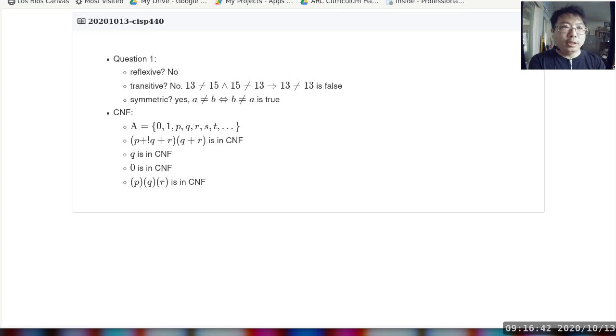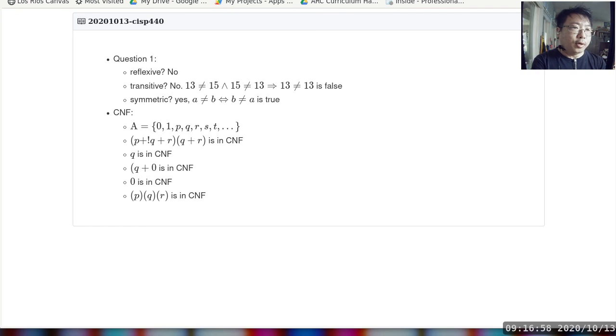Now, if you're not really convinced that Q by itself is a disjunctive term or 0 by itself is a disjunctive term, it's easy to convert it into a disjunctive term. Let me do this trick here. Q or false is a disjunctive term.